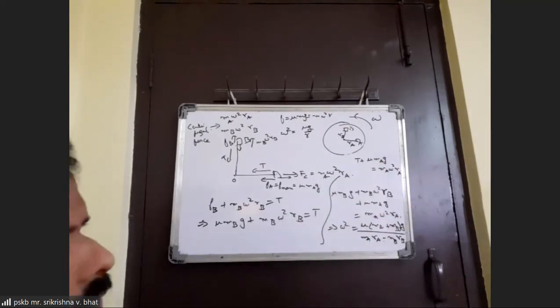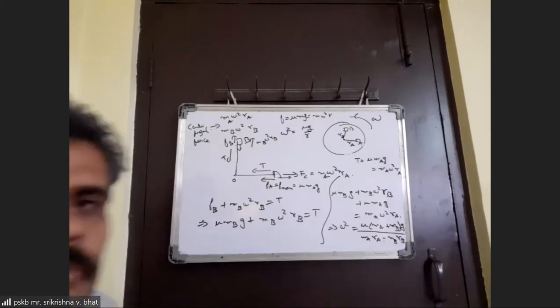But in this case we are not doing that mainly because omega is varying very slowly, and if there is no tangential acceleration, there is no tangential force, because tangential force is equal to mass into tangential acceleration. Okay, sir. Is it clear?